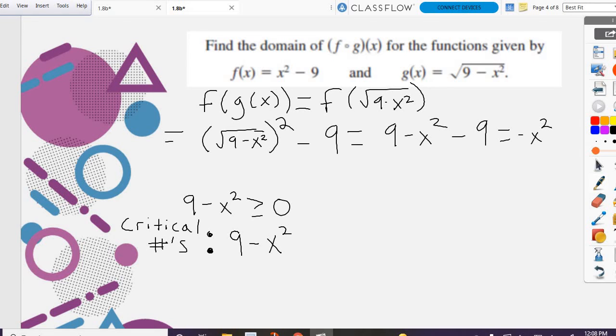Remember, basically, we want to just solve it, but with what? An equal sign. Yeah, so we want to see where does this function equal 0. So we drop our inequality sign. So we would add x squared, take the square root. So what does x equal? Plus or minus 3.